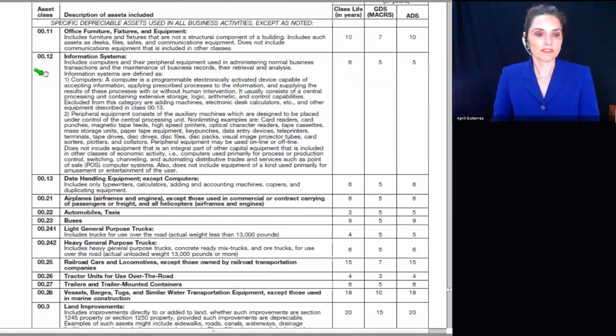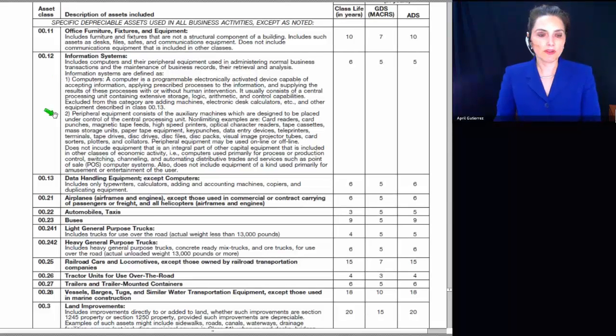For information systems, these include computers and their peripheral equipment used in administering normal business transactions and the maintenance of business records, their retrieval and analysis. Information systems are defined as computers. And a computer is a programmable, electronically activated device capable of, and on it goes.